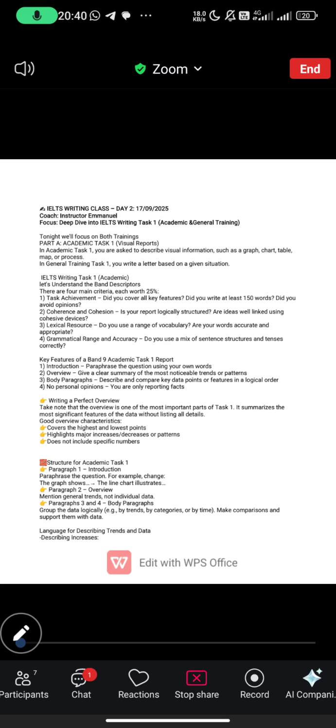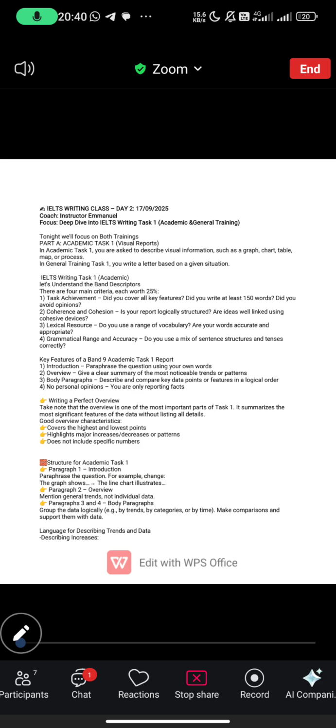Mention the visual data you're seeing. If it's a line graph, state it there. If it's a bar chart, state it there. Do you understand? That's to start with. Now, if you want to link it with the next paragraph, it's overall. Always start the overview paragraph with overall or generally; that alone links it with the previous paragraph. This is what you call coherence and cohesion. Is it logically structured and reported?